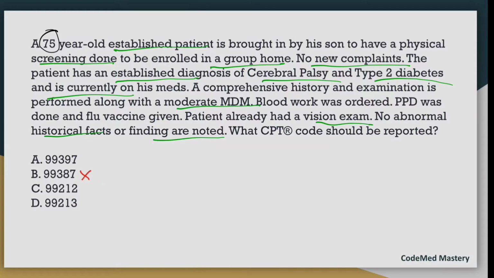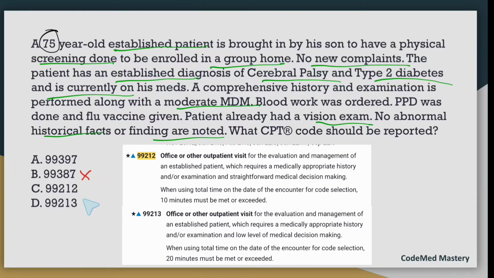Coming to option C, 99212, check these two codes, 99212 and 99213. These codes are for office or other outpatient visit for E&M of an established patient. 99212 is for straightforward MDM, and 10 minutes must be met or exceeded. 99213 is for outpatient visit, E&M, low level of MDM.